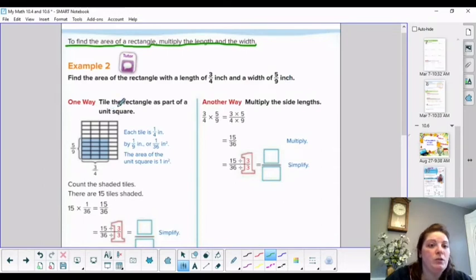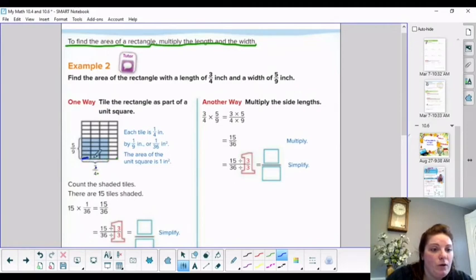So one way to do this is to tile the rectangle as a part of a unit square. So if I take my first fraction, 3/4, and as you can see going across, I have 1, 2, 3, 4 total, which represents the denominator 4. And then I need to shade in 3 of them.